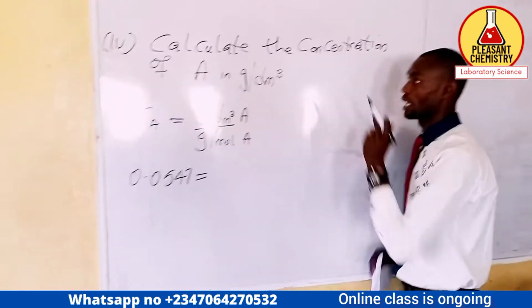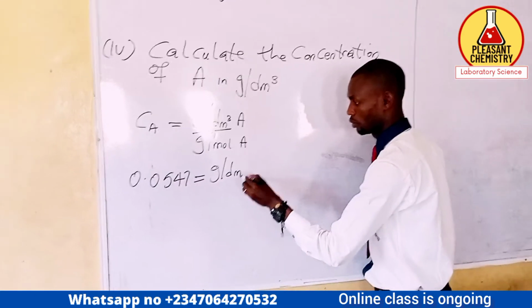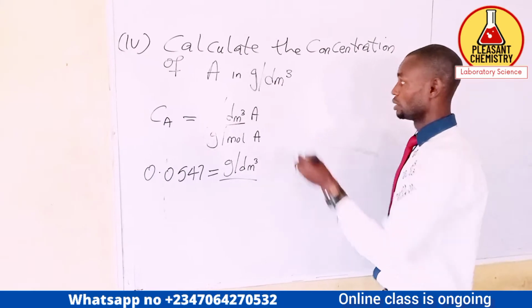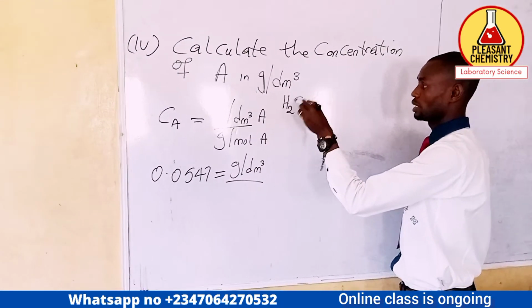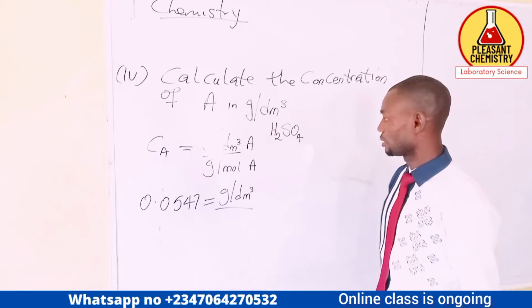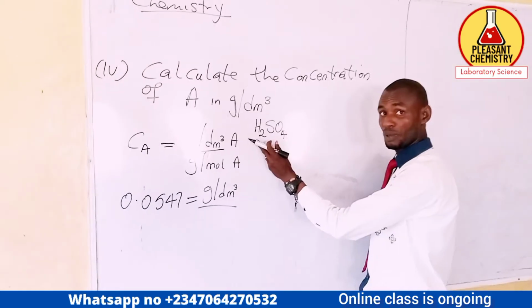is equal to, now we have to calculate gram per dm cube. So this is the one we are looking for, divided by the molar mass. And remember, we are going to calculate molar mass of tetraoxosulfate 6 acid. In that regard, we are going to see how many atoms of hydrogen we have.